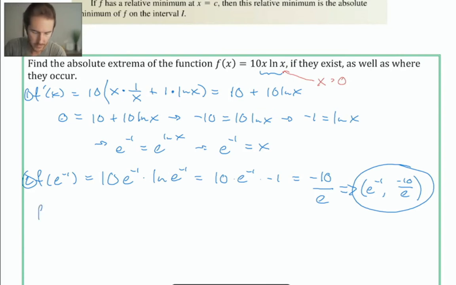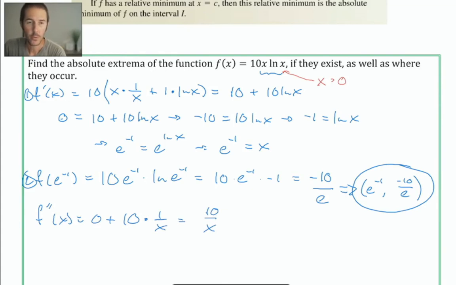Let's find f double prime of x, and that is equal to, now the derivative of 10 is 0 plus 10 times, and then the derivative of the natural log is 1 over x. So our second derivative is equal to 10 over x.